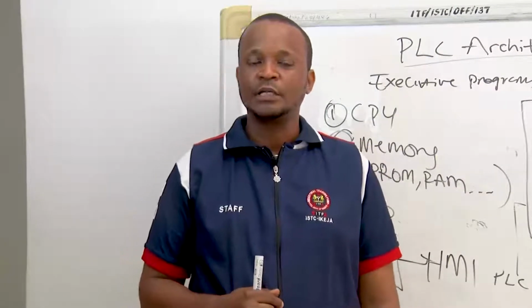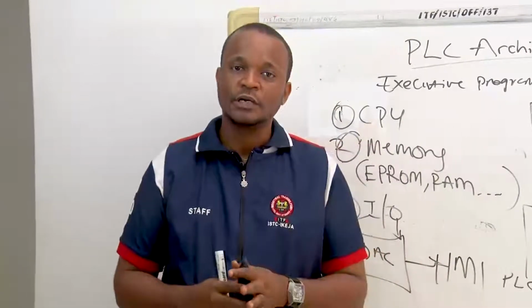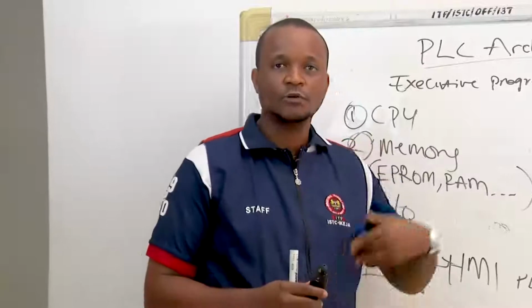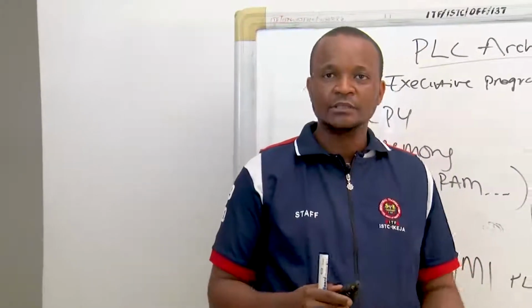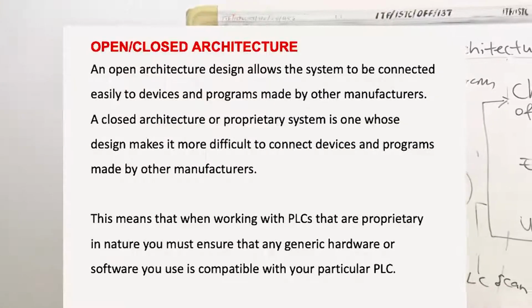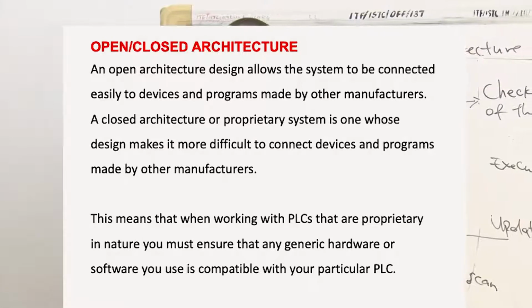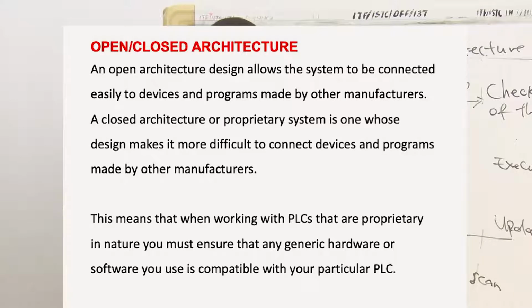Now, the PLC structure can be an open or closed architecture. What do I mean by open or closed architecture? An open architecture allows the system to be connected to various devices made by different manufacturers. That's what an open architecture is all about.